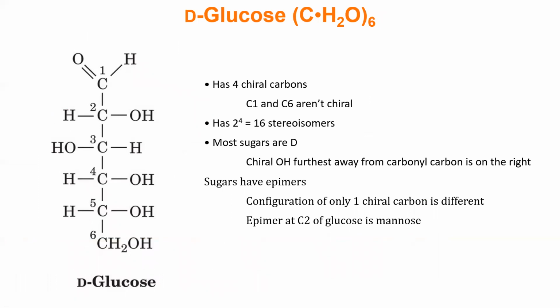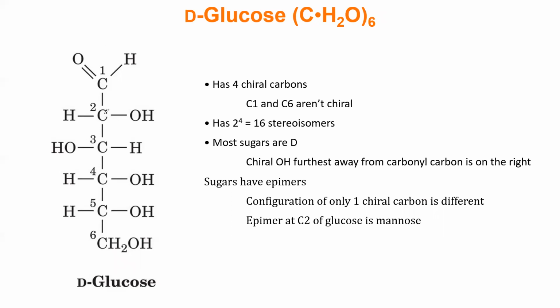The most important sugar inside the body, inside the cells, is glucose. Glucose is the main energy of the cell. That's how we make ATP, through the breakdown of glucose. So let's look at glucose's structure. Glucose has 4 different chiral carbons.